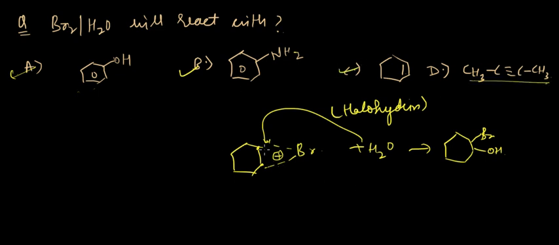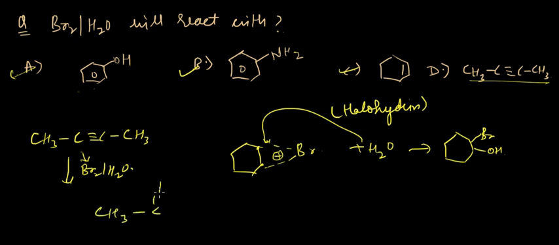What about alkyne, sorry. So talking about alkyne, what would actually happen is we would get something like this, and in presence of Br2 in water, Br plus would obviously be attacked by the alkyne group, and we would get something like Br here, double bond here, positive charge over this.